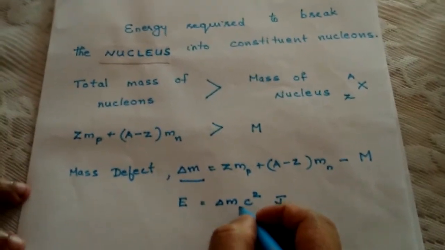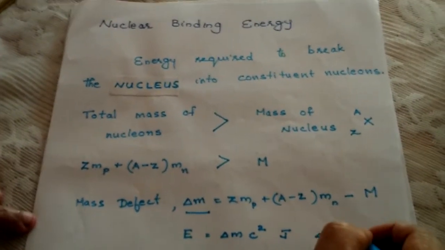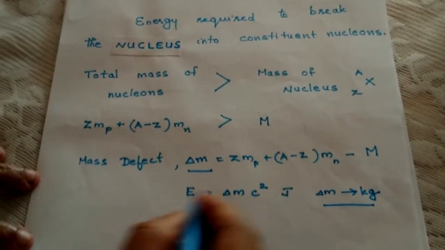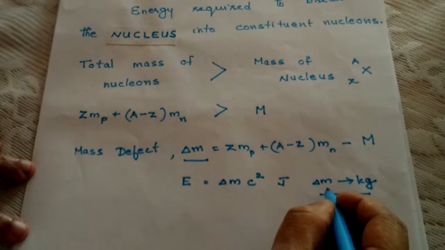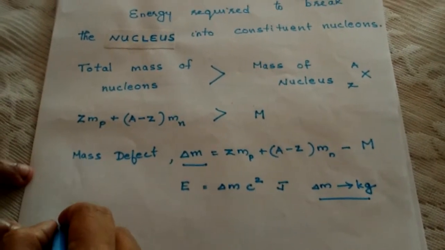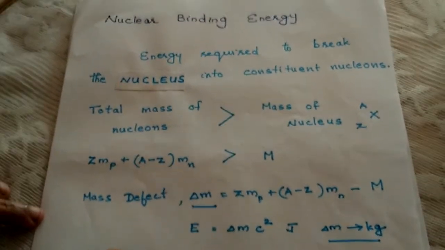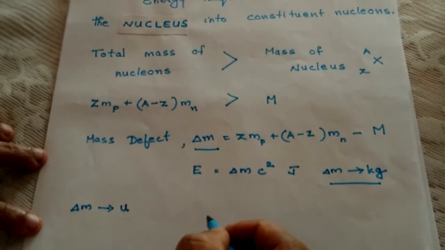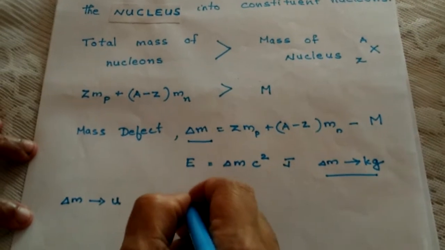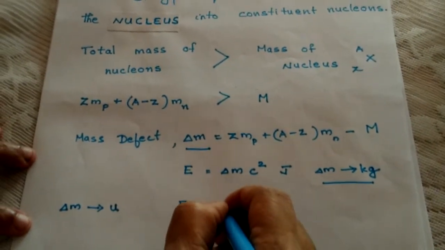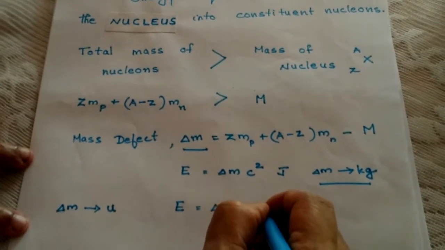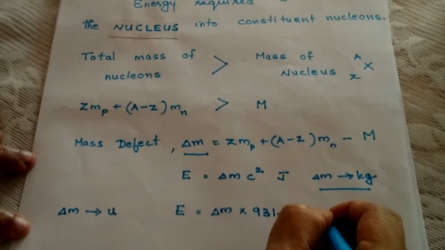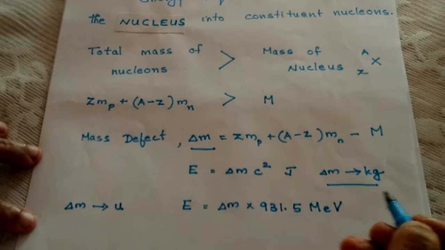And in this case, delta m must be expressed in kilogram. But usually we express mass of the atom or mass of the nucleus in atomic mass unit. Delta m is expressed in AMU, atomic mass unit. So we can write the equation as delta m into 931.5 mega electron volt.